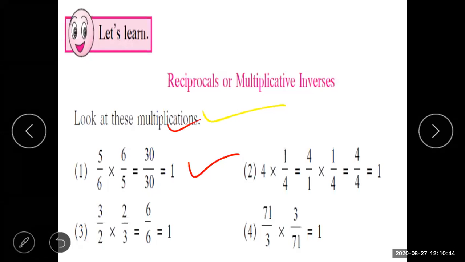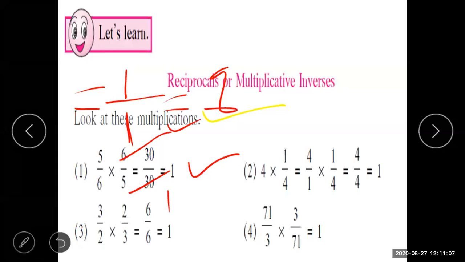Now 30 and 30 come in the same table, the 30 table. We will just cut it: 30 ones are 30, 30 ones are 30, so we are getting the answer 1 upon 1. 1 upon 1 means we have to write only 1.